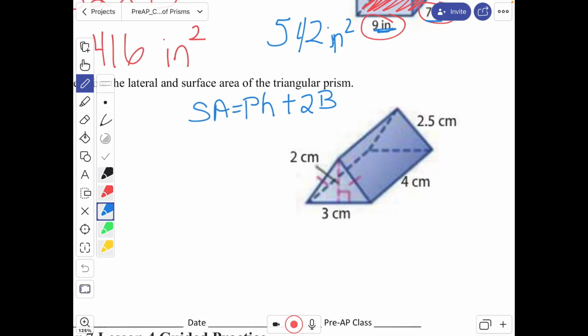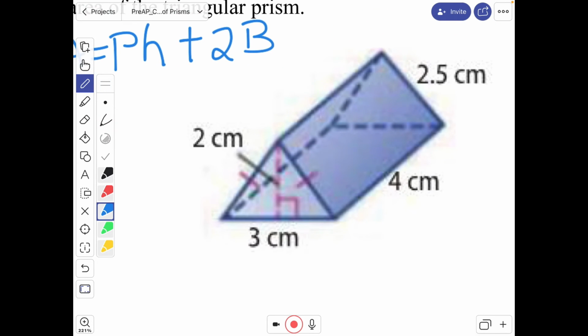And I'm going to zoom in a little bit so you can see that 2 centimeters is pointing to the height of the triangle. And to find the perimeter of the triangle, I'm going to need those sides, which is actually 2.5. So this side is 2.5, and this side is 2.5, and this side down here is 3.